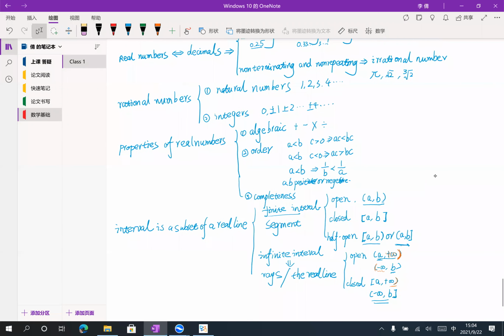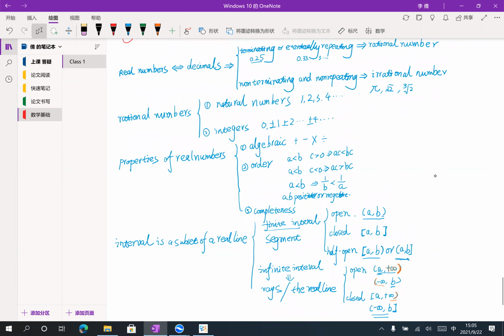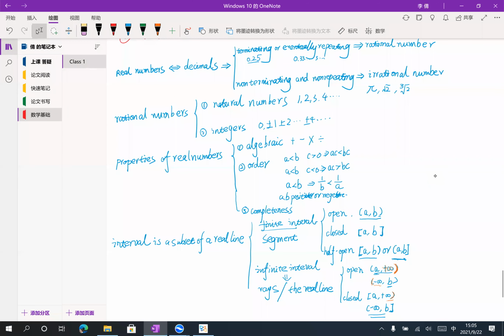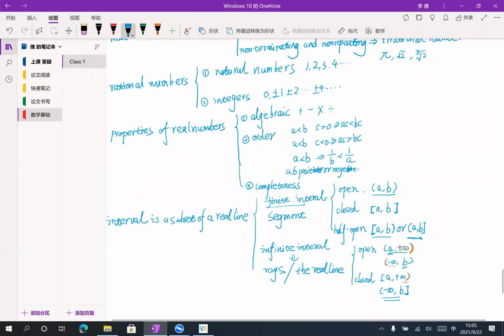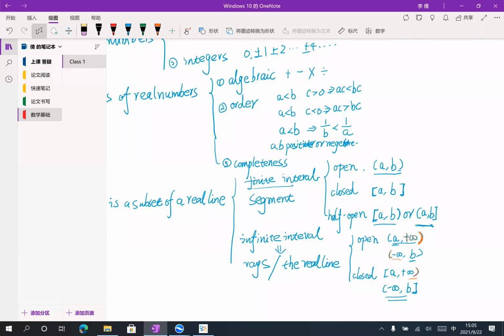Lao Shi, Yeah. can you please repeat the infinitive interval open or closed? Which is open or closed? Infinity interval. Infinity interval. G. Yeah. Yes. Yes. If the infinity interval, if it contains, not see this.